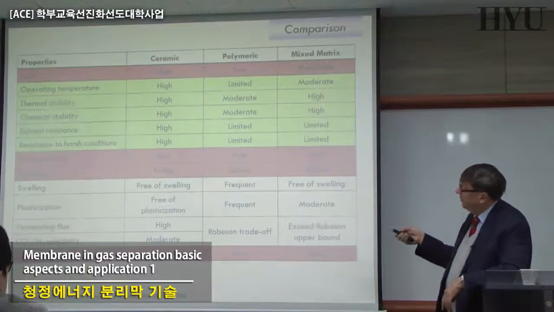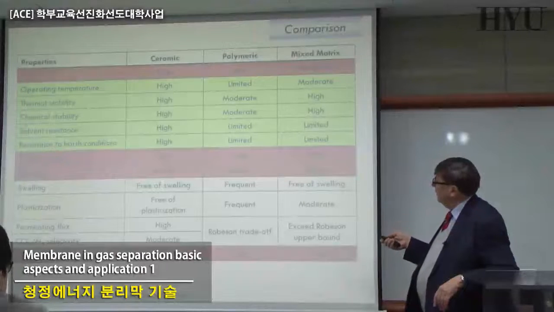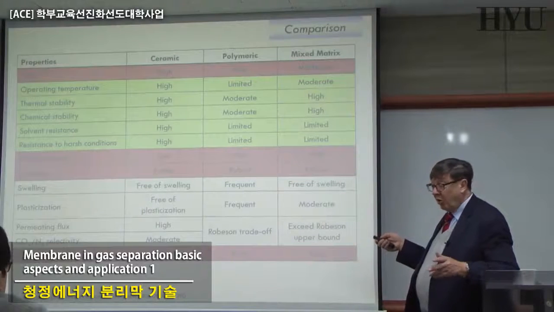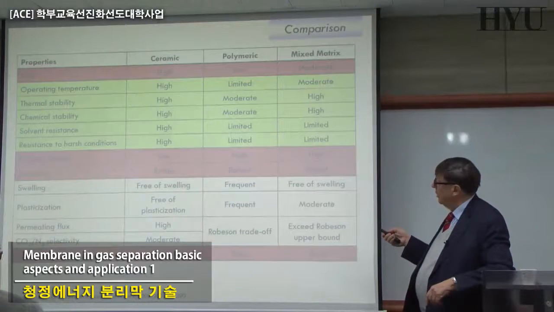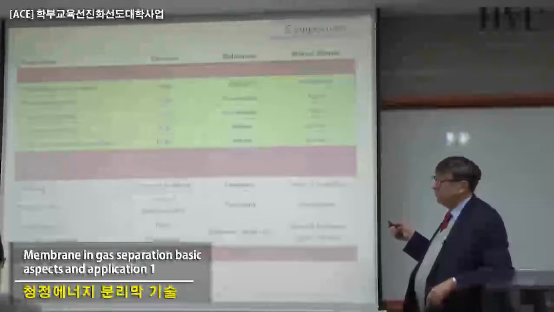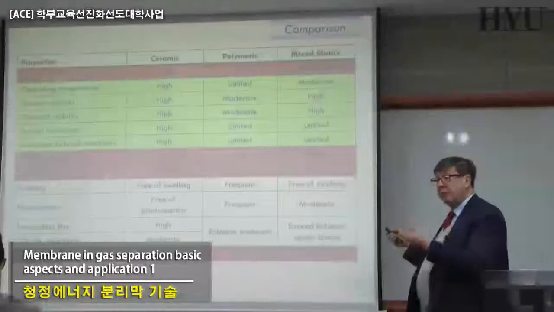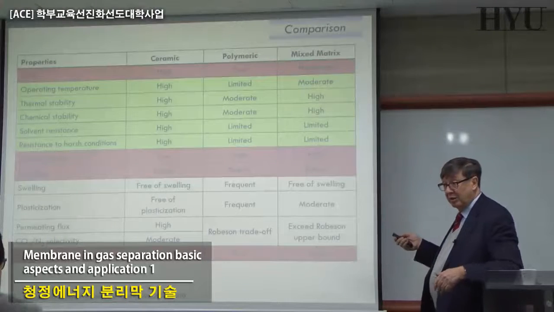And here are some other interesting effects. For example, the resistance to harsh conditions, obviously temperature and chemical attack, is quite interesting in the ceramic. It's much lower in polymeric and in mixed matrix. In mixed matrix this depends not on the dispersed phase, but on the polymeric phase in which the mixed matrix is distributed.